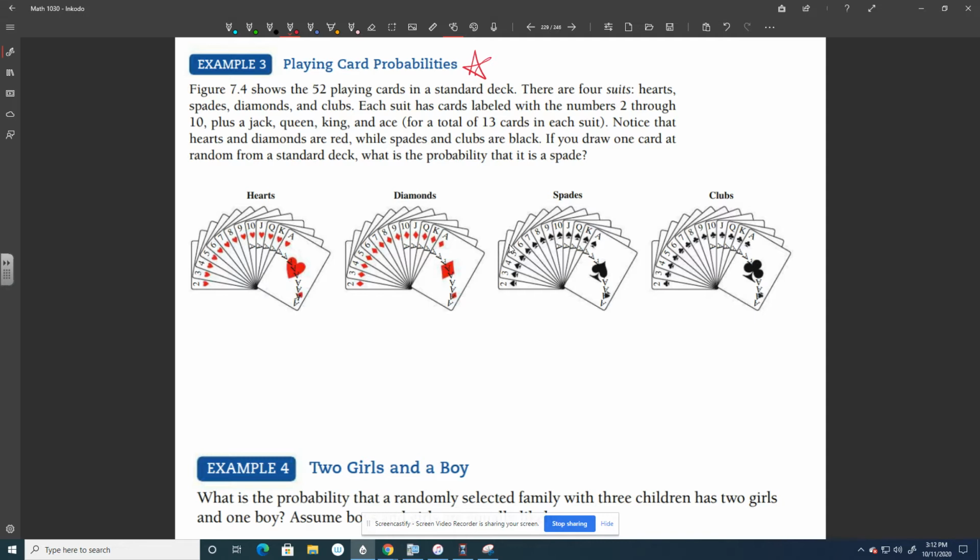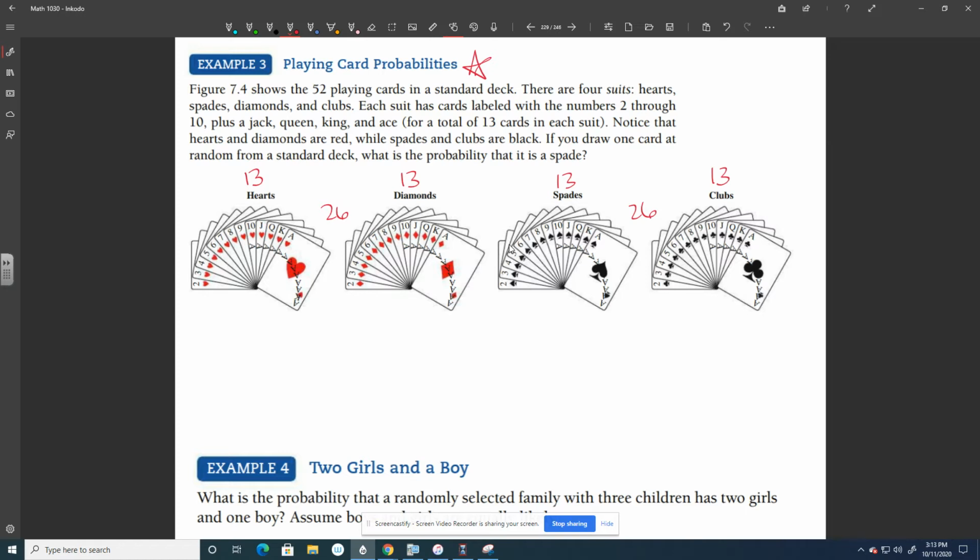Now, I've got 4 different types of cards. You've got hearts, diamonds, spades, and clubs. Hearts and diamonds are red. Spades and clubs are black. So out of those 52, I've got 13 hearts, 13 diamonds, 13 spades, 13 clubs. I have 26 red cards, and I have 26 black cards.